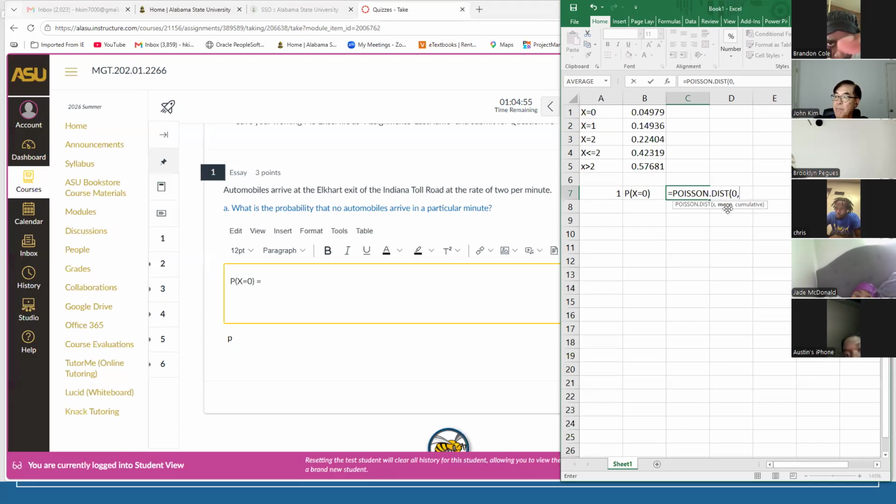Next number is mean. It says 2 per minute, so 2. And because it is single probability, so it is not cumulative.